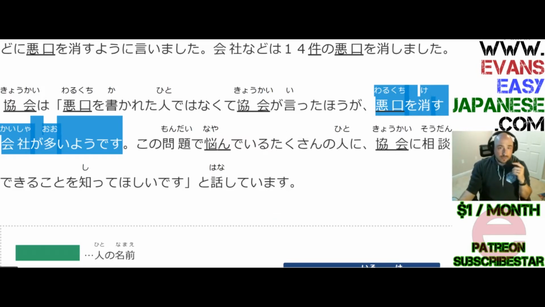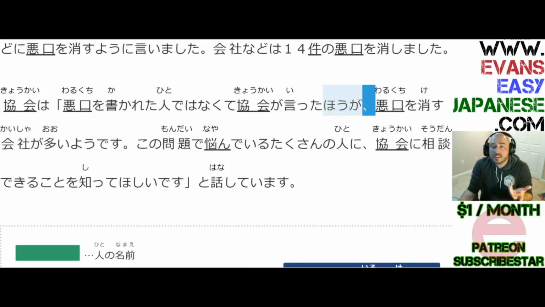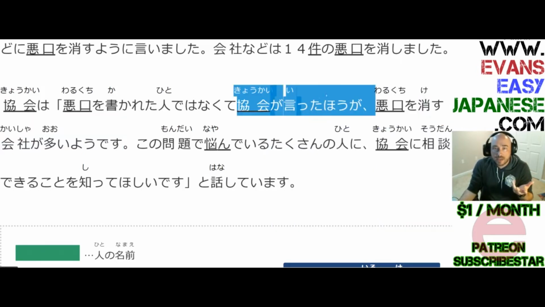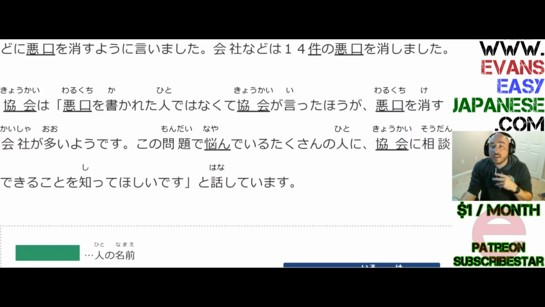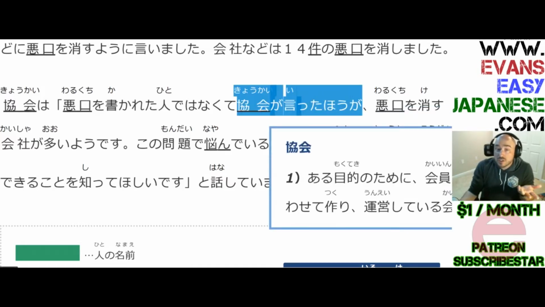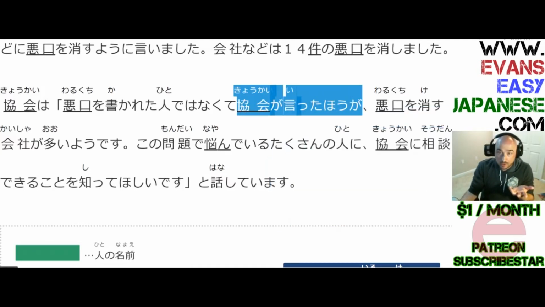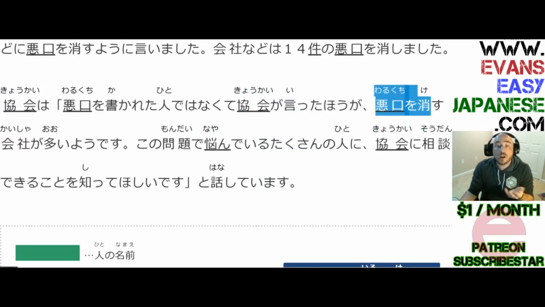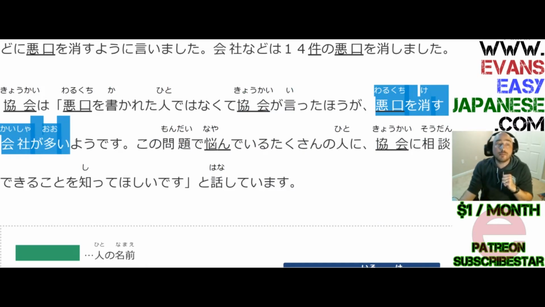Okay. So this is almost this shitahoga ii desu pattern that we have here. It's almost like an if. So what if the association tells them or says it? Watakuchi o kesu kaisha, companies that erase the insults, ga oi, are many, you desu.